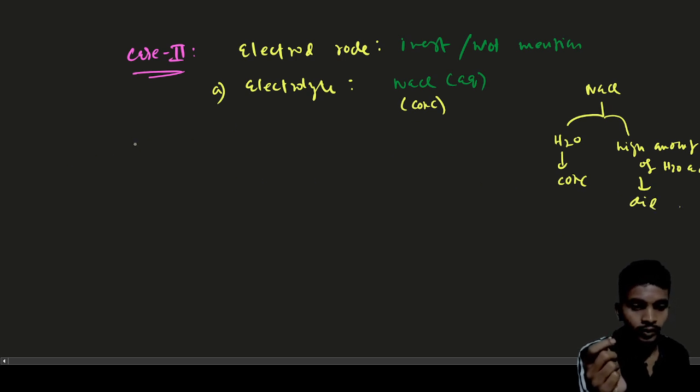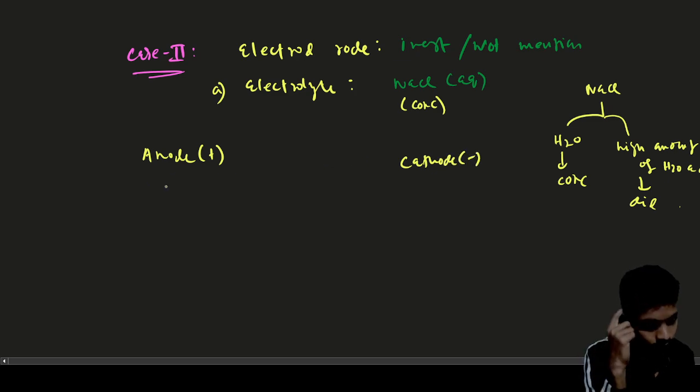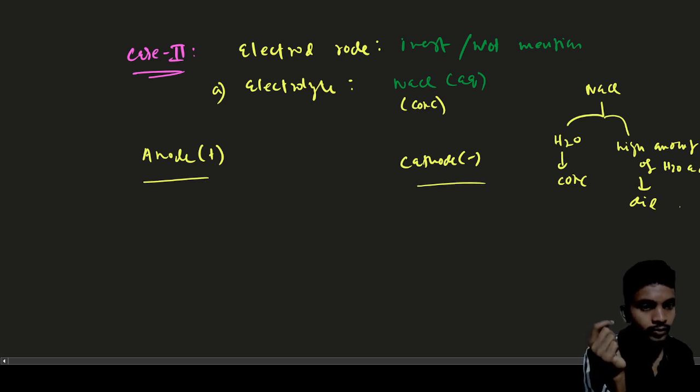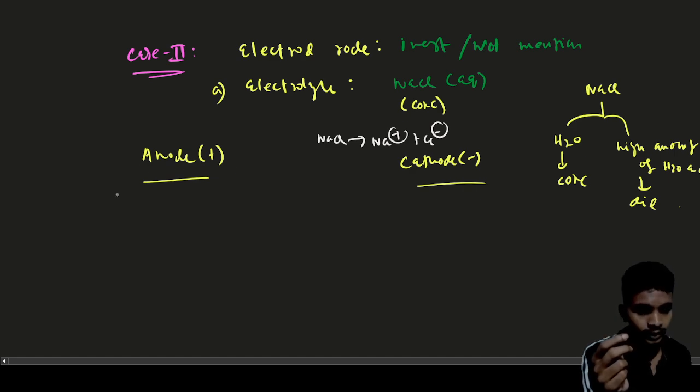So here we have the anode, positive charge, and here we have the cathode, negative charge. Okay, so this NaCl again dissociates into Na plus and Cl minus. So Cl minus is attracted towards the anode because it is positive charge, and here oxidation will happen and here reduction.